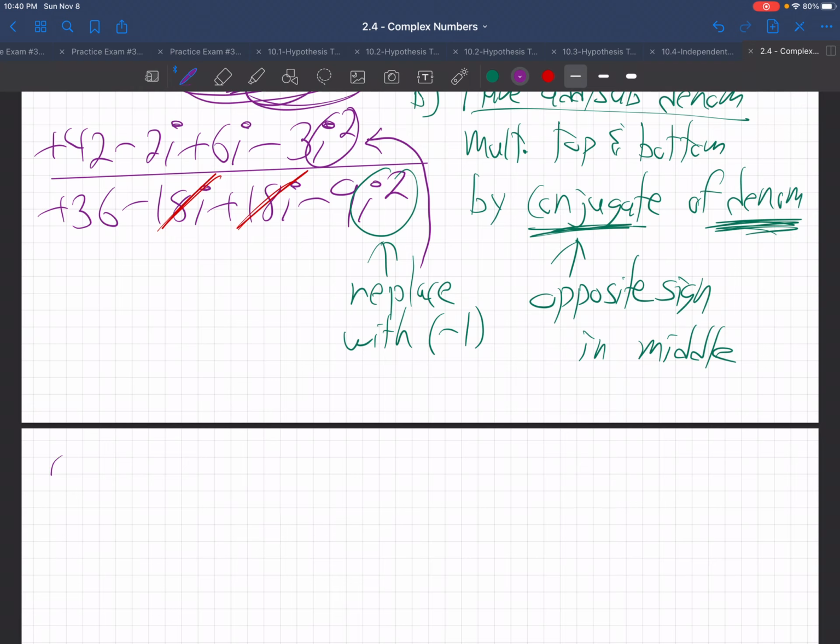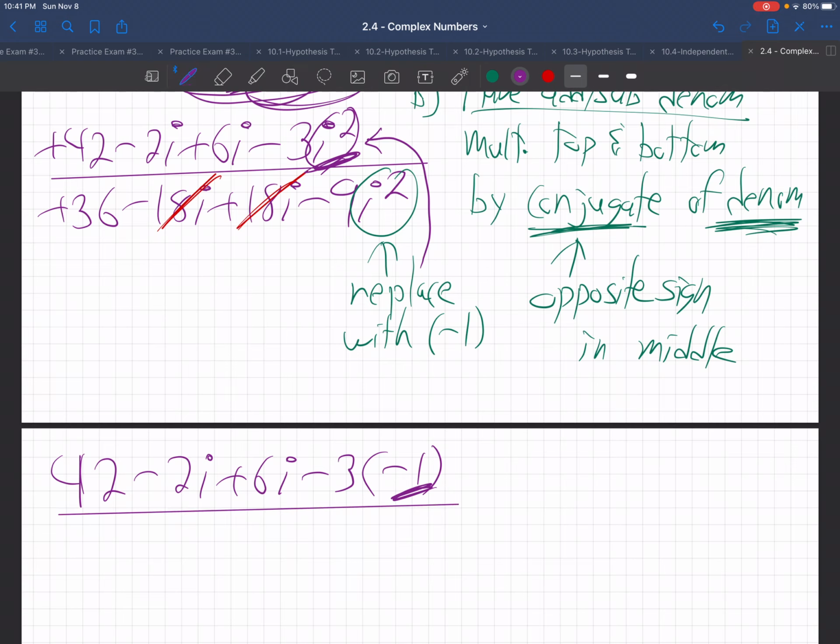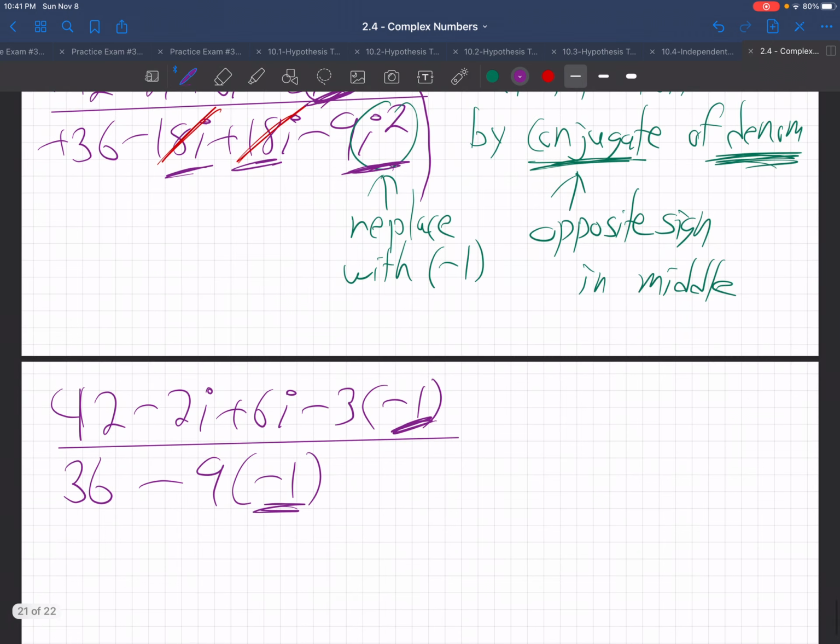So what do we get up here? We get 42 minus 2i plus 6i. I'm going to combine those in a minute. Minus 3 times negative 1. This right here has become negative 1, you see. And then 36, and these guys dropped out, minus 9 times negative 1. See the negative 1 right here? This i squared replaced with negative 1.